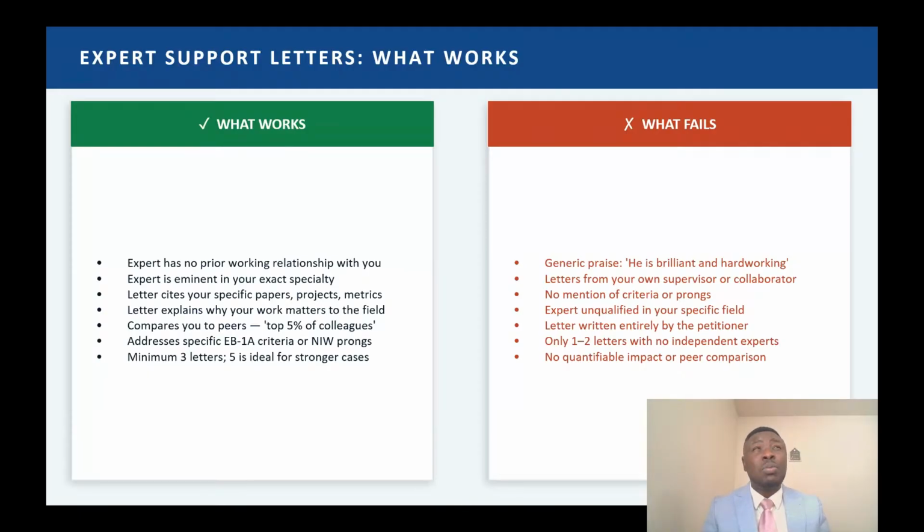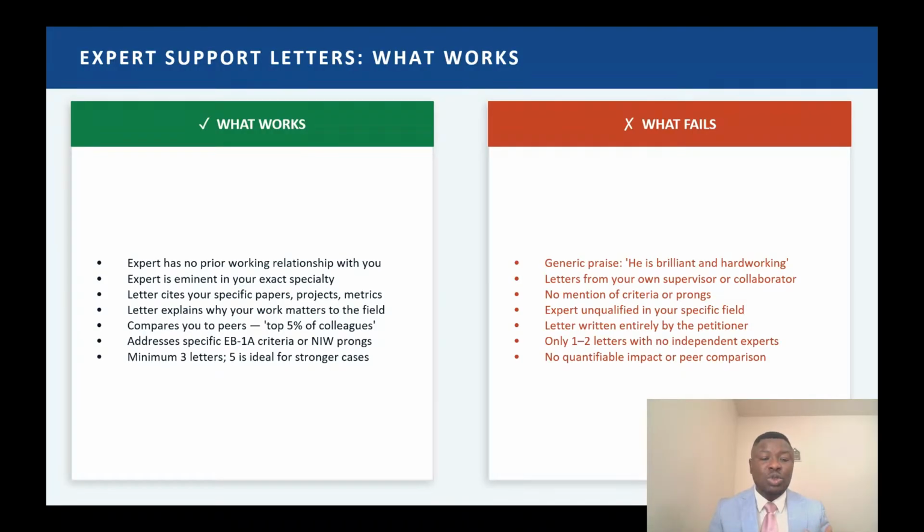USCIS puts more weight on independent recommendation letters because they believe they are not as biased as the dependent recommendation letters. So what works? The expert has no prior working relationship with you. The expert is eminent in your exact specialty. The letter cites your specific papers, projects, and metrics. The letter explains why your work matters to the field.